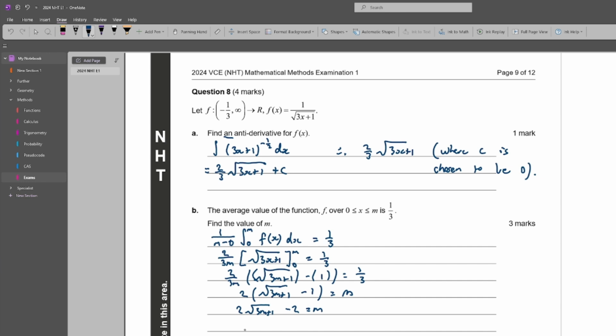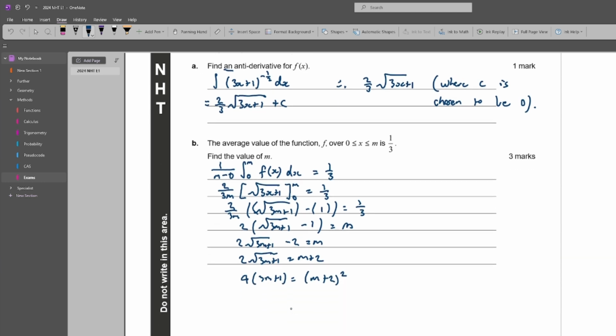Bringing the 2 to the other side, m plus 2. And let's square both sides now, because we need to get rid of this square root here. So we'll have 4 times 3m plus 1 equals m plus 2 squared. We do need to be careful of checking our solutions, making sure they're both valid, that we haven't introduced any invalid solutions when we've squared both sides here. So we'll do that at the end.